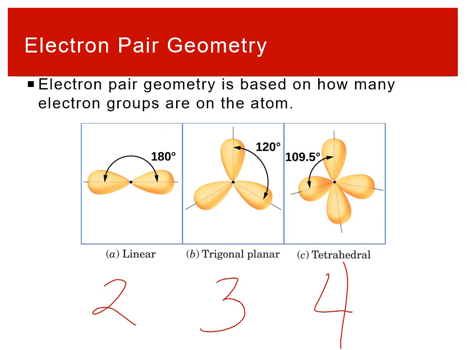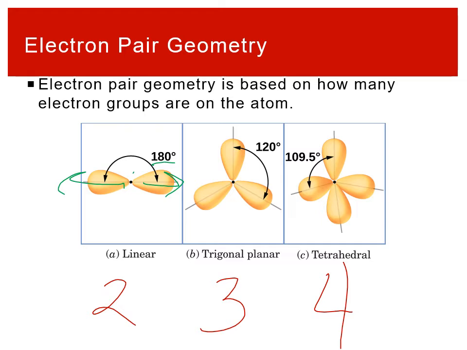So if you have 2 electron groups, one will point in one direction and one points the opposite direction. And we can see that orientation is displayed by what we call the bond angle. In this case, it's the 180 degrees that corresponds to that sort of straight line.